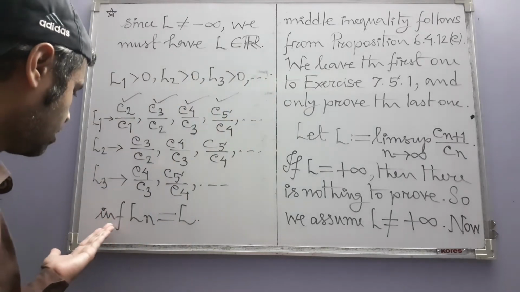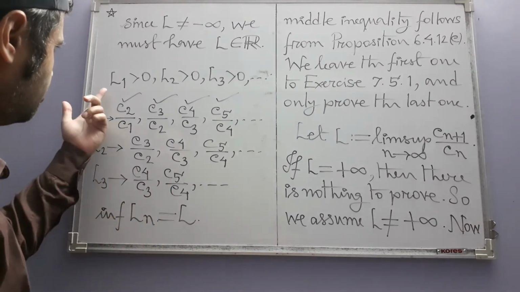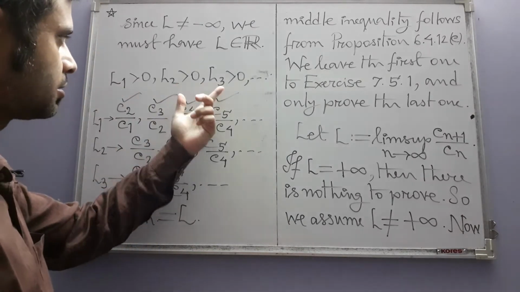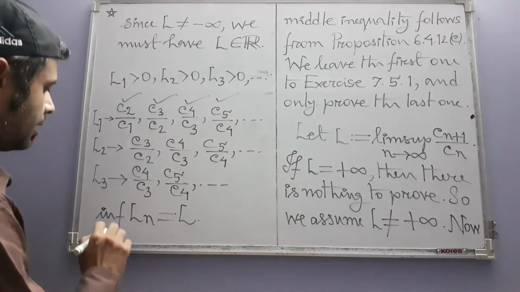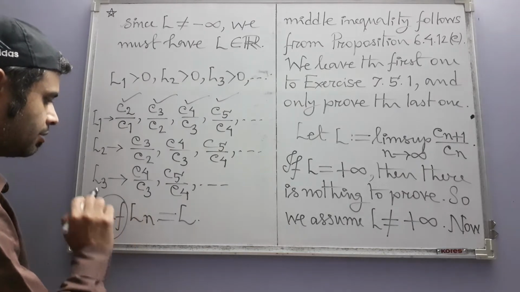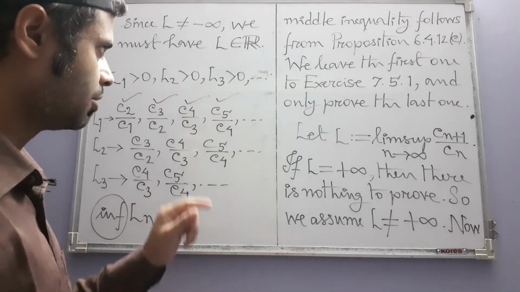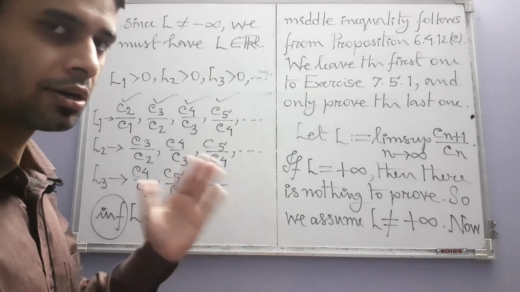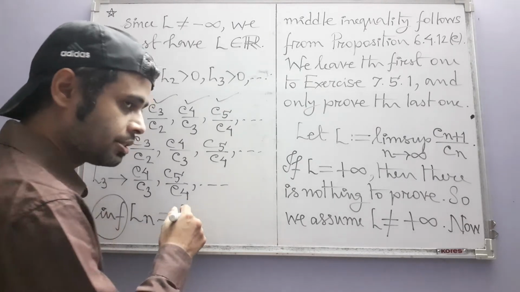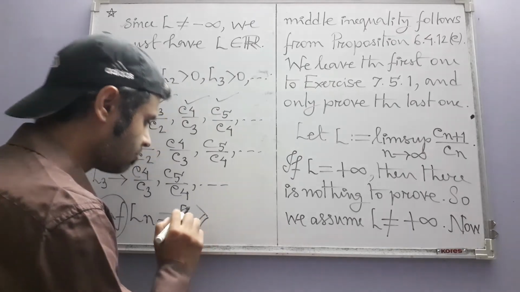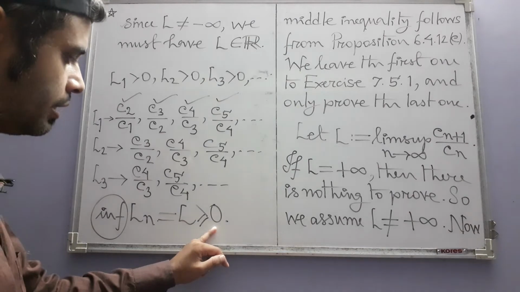So when you are calculating the infimum of this sequence Ln, you are considering a sequence of positive extended real numbers, and infimum by definition is the greatest lower bound. For this sequence Ln, you already see a lower bound 0. So the greatest lower bound L should be, because it's the greatest, greater than or equal to this lower bound 0. So L is greater than or equal to 0.